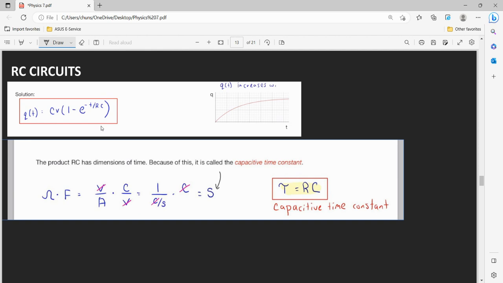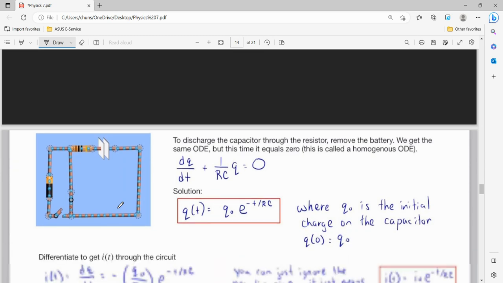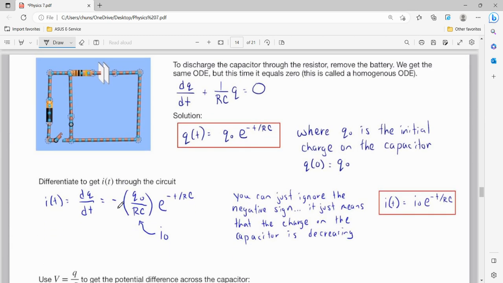This is our capacitive time constant. So this equation can also be written in this form. You can see something like this in the next couple units down the line when we talk about inductors, where Q naught is the initial charge on the capacitor, and T is the time that it takes to discharge.